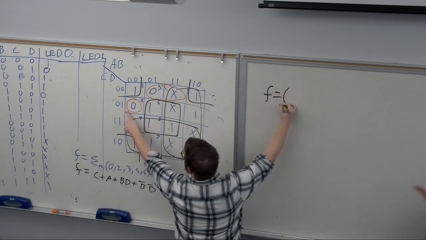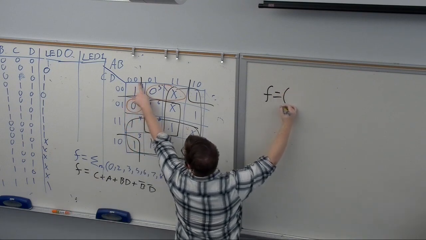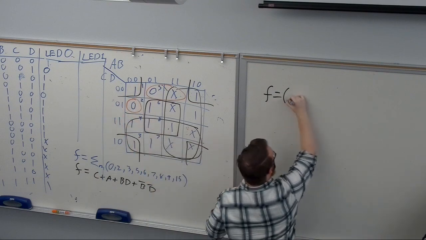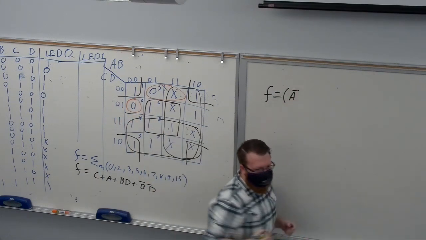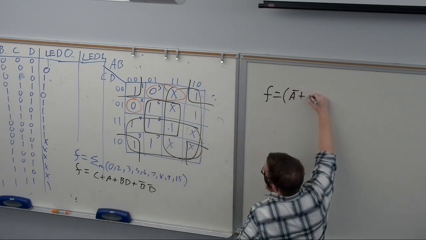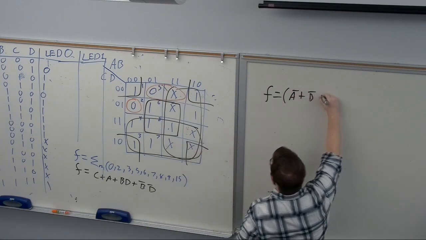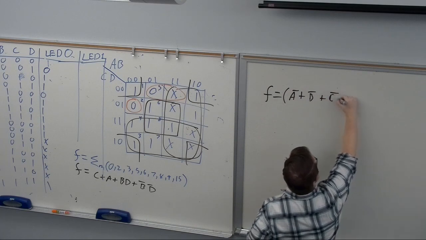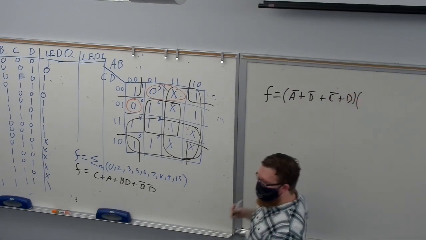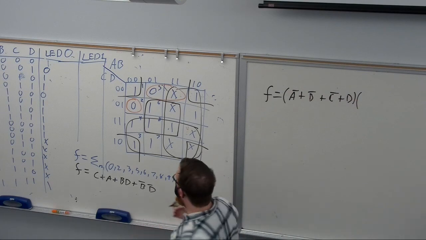So we write this as not A, not B, not C, D. But they're not ANDed together. This is a product of sums. They're ORed together. So not A, not B, not C, or D. And product of sums were ANDed together.